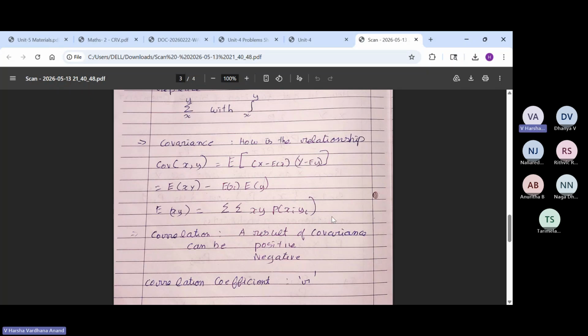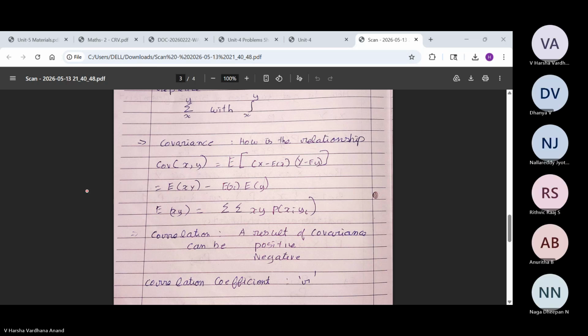Next, we'll go to correlation. What is correlation? Correlation is a measure of covariance. Let's take a graph over here. Let's take rainfall and humidity.